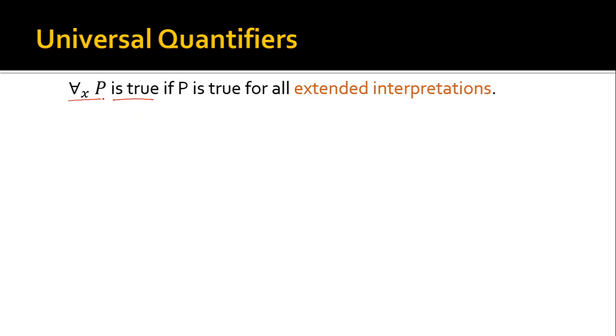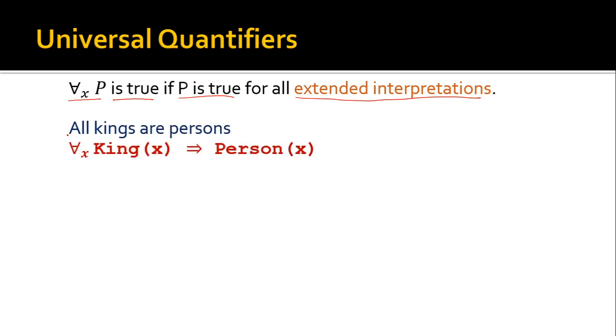For all X, P is true when P is true for all the extended interpretations. We have talked about many things without explaining this, so let us take an example to illustrate it. Let us take the sentence: all kings are persons, right? We can easily represent this in first order logic. Basically, for all X, king X implies person X, right?